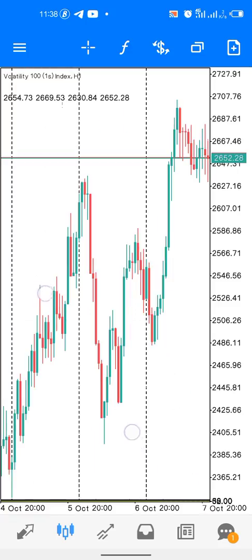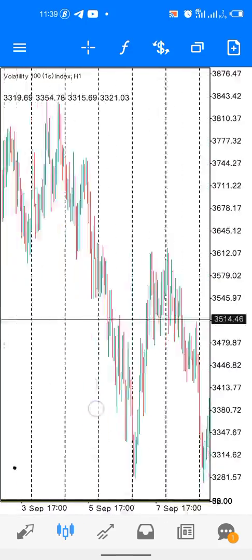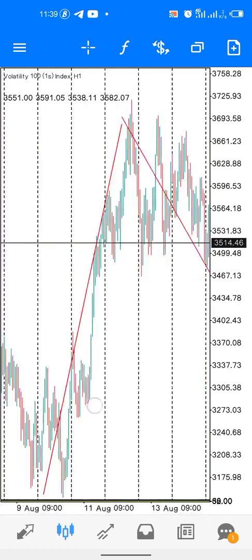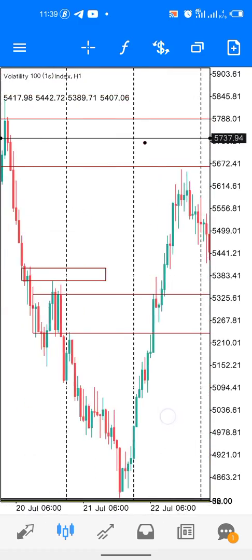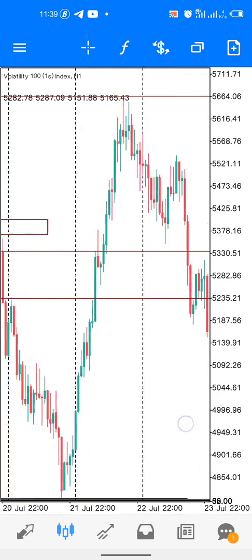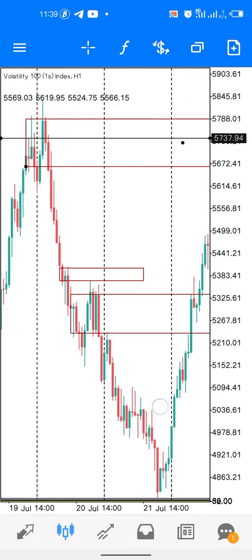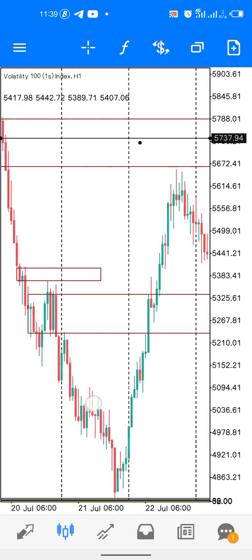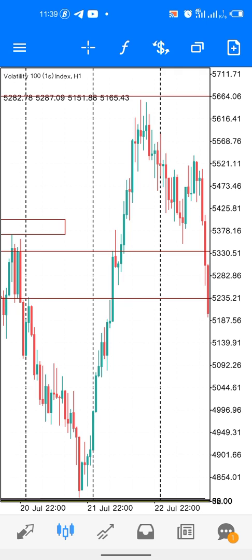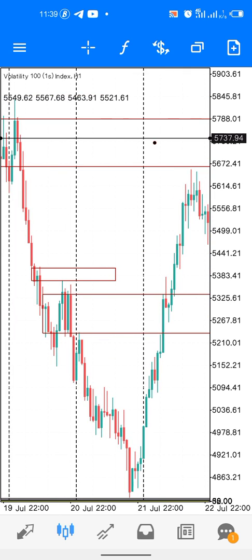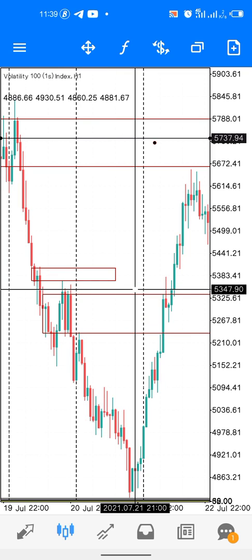Let me go to H1, sorry, to see if I would have entered. Okay, this was it. Yes. So it already broke that high, this order block at this point, so I'm not anticipating any trade.